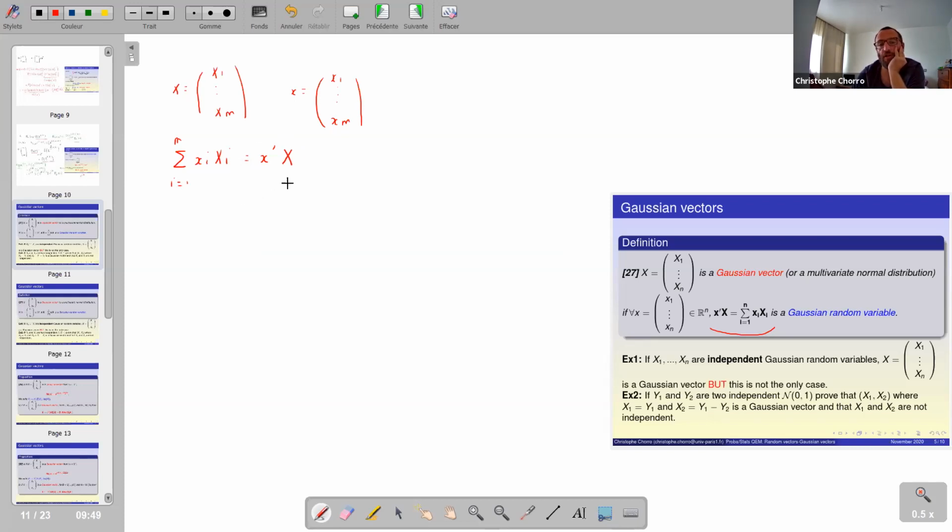A Gaussian vector is a random vector for which for all x of this form, x prime X is a Gaussian random variable.